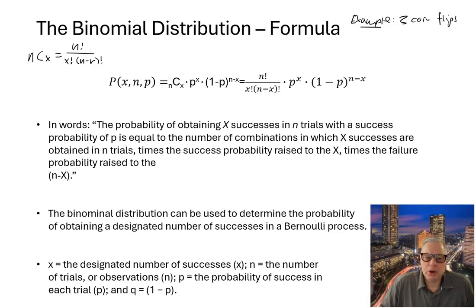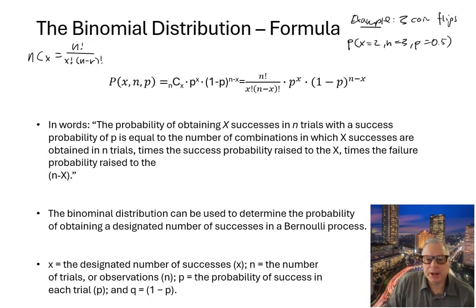So you want to know what's the probability that you get 2 heads. So now we would write what's the probability that you get 2 successes, and the success is now a head, so 2, in 3 trials, n equals 3, if the success probability is 0.5.